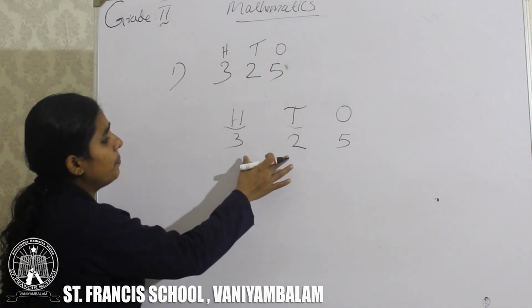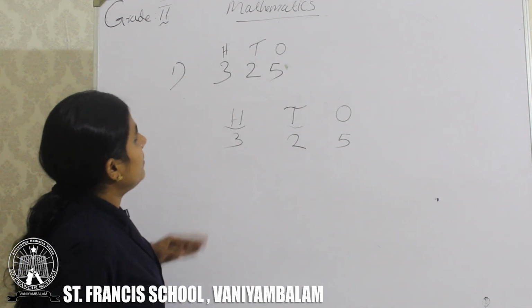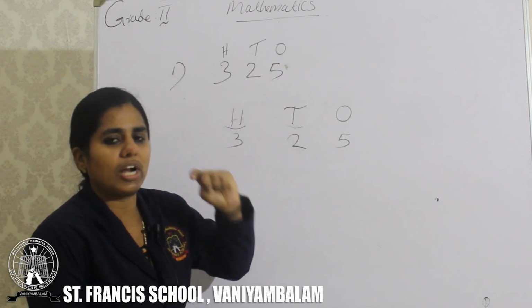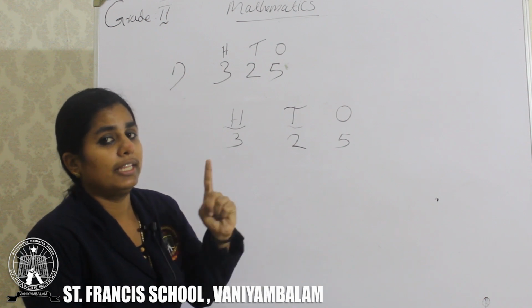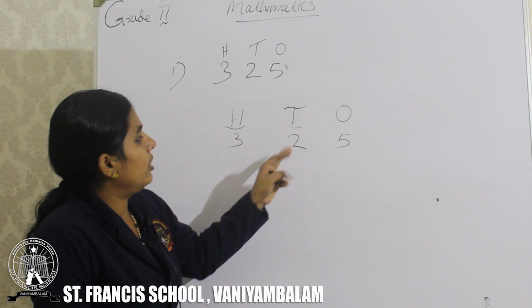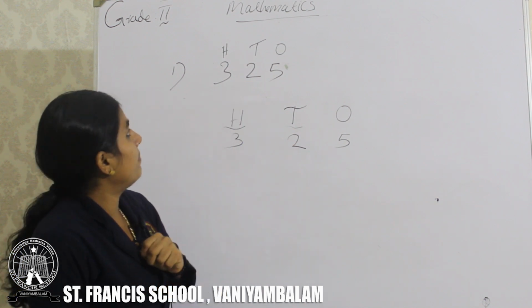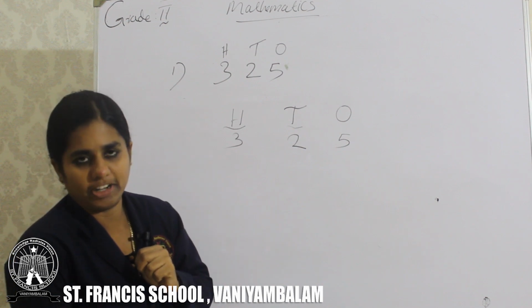This way we place the number below the place value chart. The number on the right side we write below the ones place, the number left of the ones below the tens place, and the number left of the tens below the hundreds place.